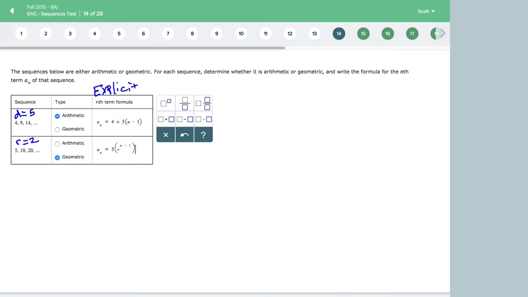Okay, and that n minus 1 can also be outside the parentheses. It doesn't have to be inside the parentheses. So if you feel better about doing it outside the parentheses, that's perfectly fine. So that would be 2 to the n minus 1. And I had r there before. I'm sorry. You can actually plug in what r is. r is 2. Okay?